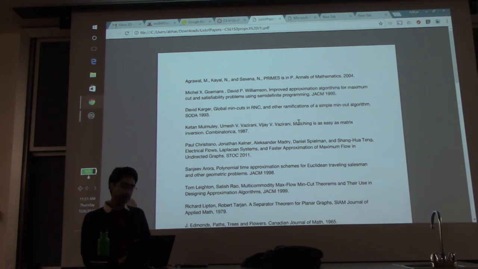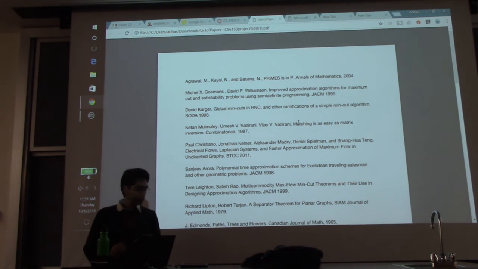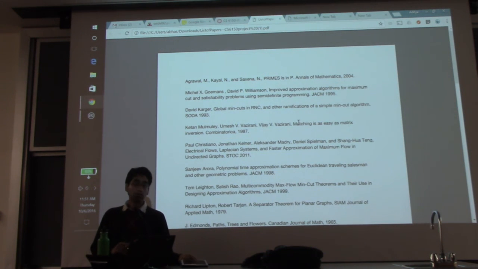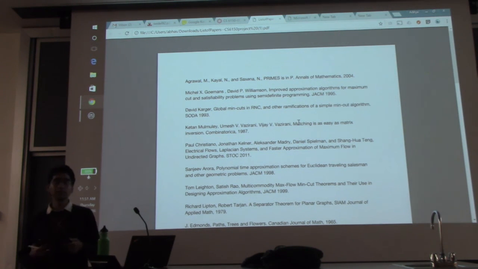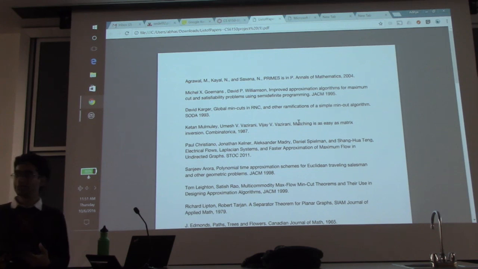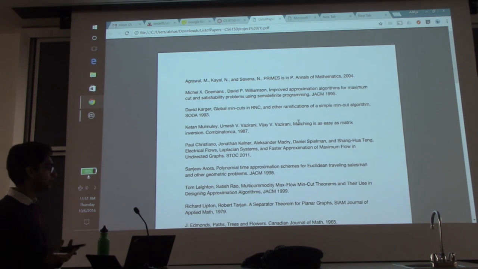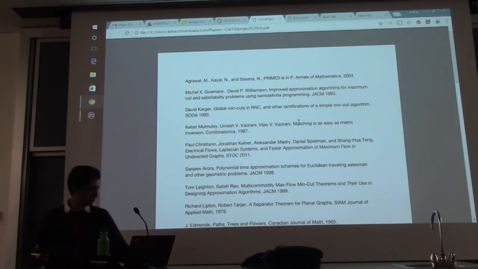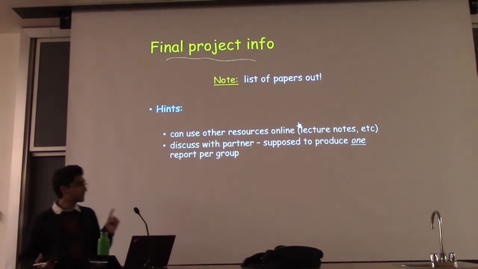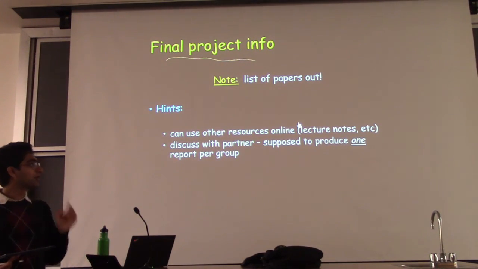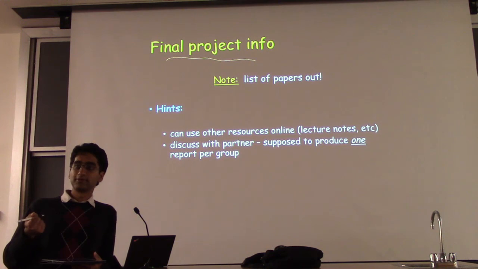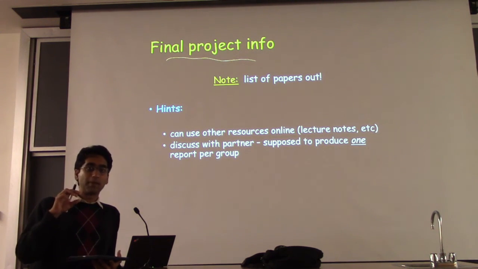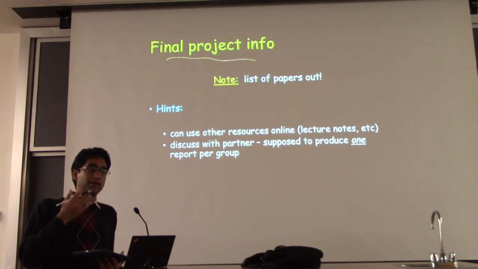As I said before, most of these papers are classic. Some of them will be difficult to read, so it depends on how challenging you want your project to be. For the ones that are difficult, you may want to use other online resources. So pick one of these papers.